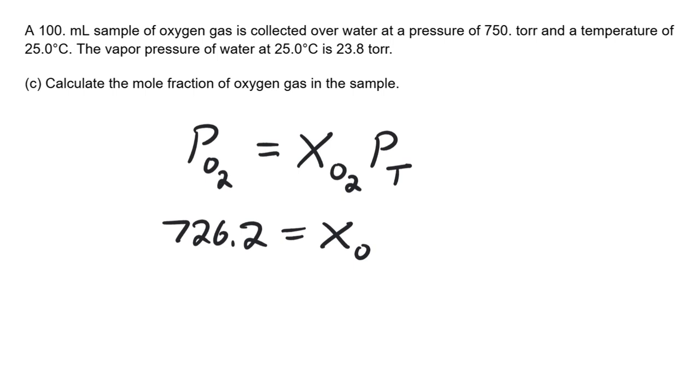We want to solve for the mole fraction of oxygen times the total pressure, which was 750 torr. And now we simply solve for the mole fraction of oxygen, which is 0.968.